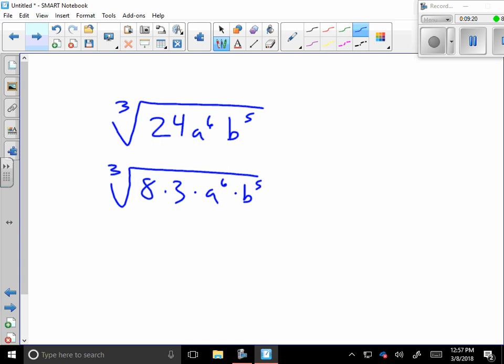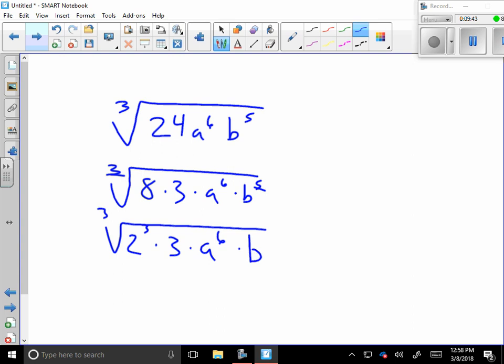And 8 is 2 to the 3rd. B to the 5th. 5 is not divisible by 3, so I need to break that up into 2 pieces. One piece that is divisible by 3, and one piece that would be what's left over.